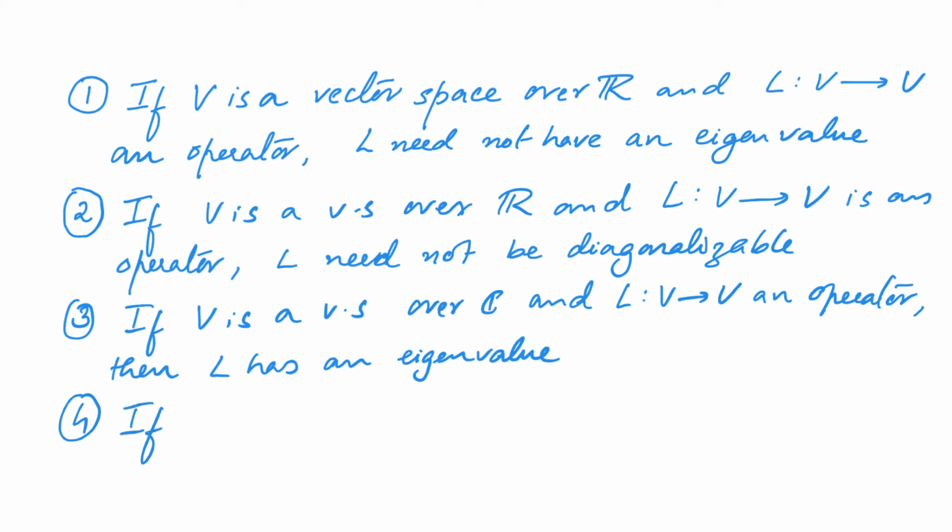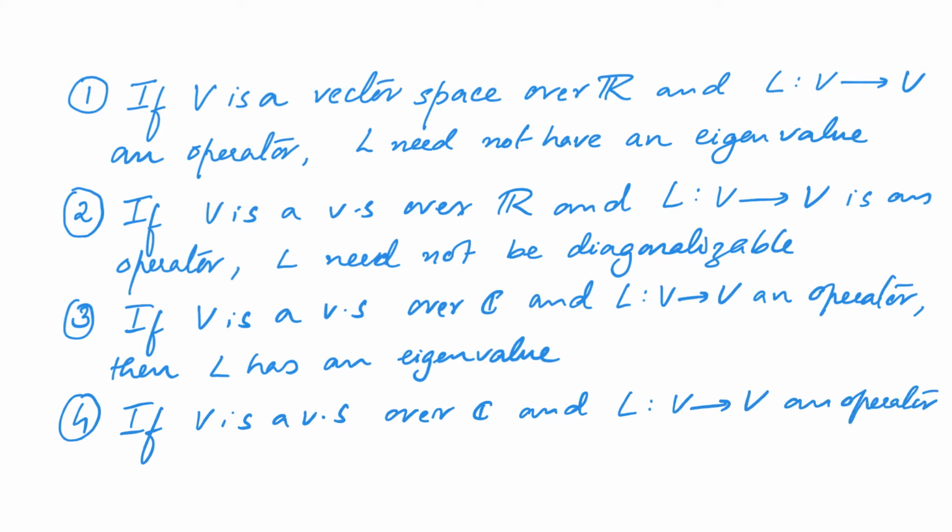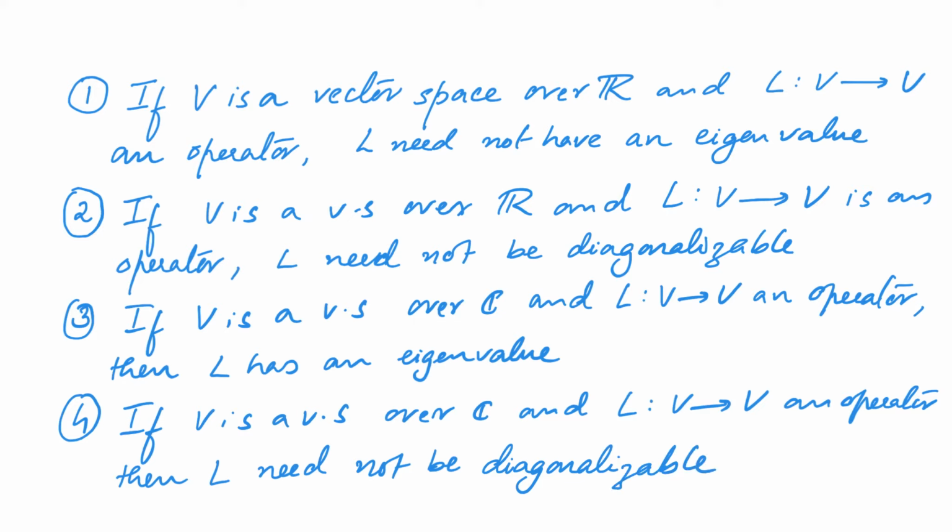In other words, if V is a vector space over C and L from V to V is an operator, L need not be diagonalizable. Okay, so we see that a linear operator need not be diagonalizable, even if it is on a vector space over C. However, we do not give up.